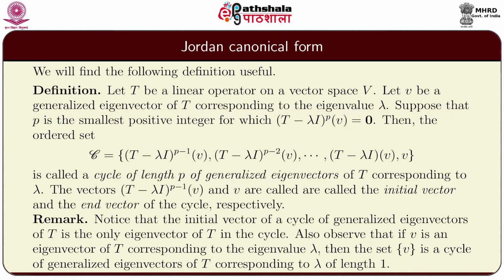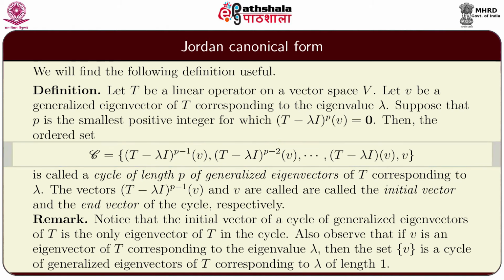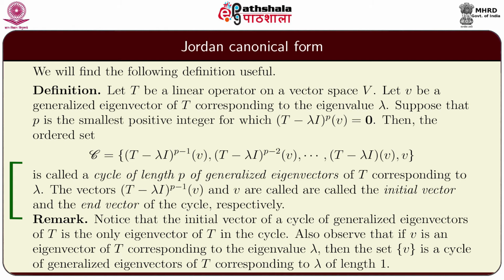Then the ordered set denoted by C, which is the collection of these vectors (T minus lambda I) raised to p minus 1 of v, (T minus lambda I) raised to p minus 2 of v, and so on, (T minus lambda I) of v, v, is called a cycle of length p of generalized eigenvectors of T corresponding to the eigenvalue lambda.